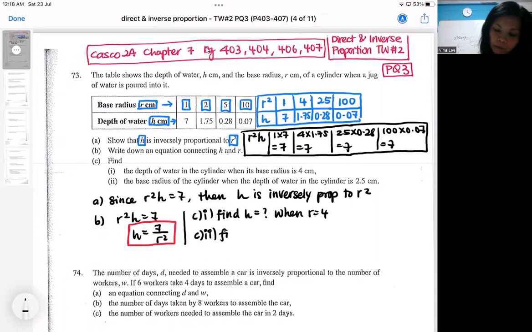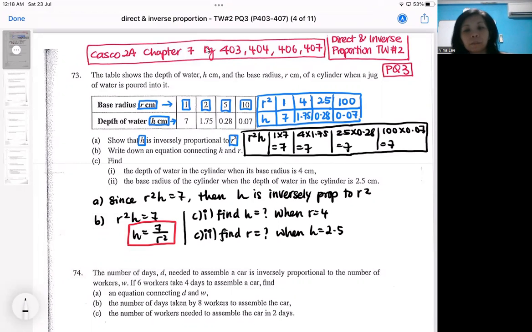Your job is to find the radius when the depth is 2.5. So you do the substitution into your main equation. Everything should flow nicely. If you can prove that it is an inverse relation, then the constant will be the same, and it leads you to get the equation to answer the rest of the whole question.